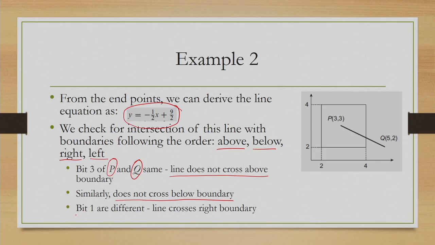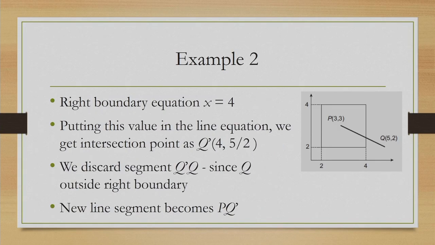There is a difference of the bit values in case of bit 1, these values are different. So, we can conclude that the line crosses the right boundary. So, we have to find out the intersection point with the right boundary.